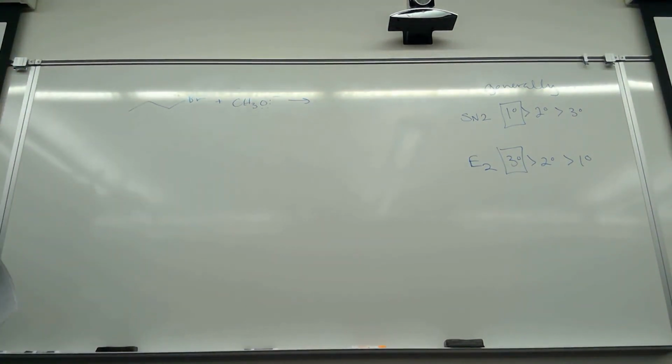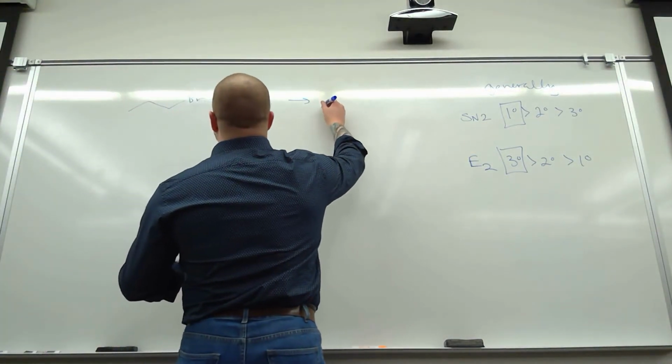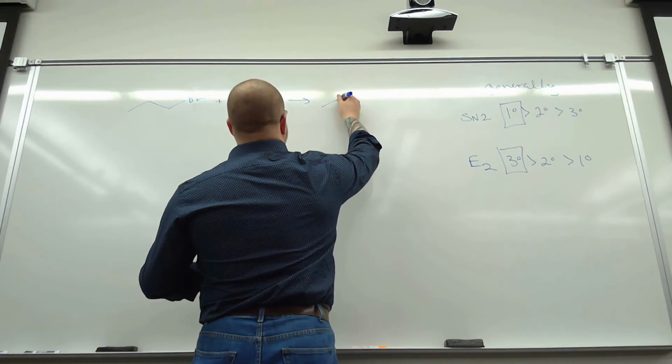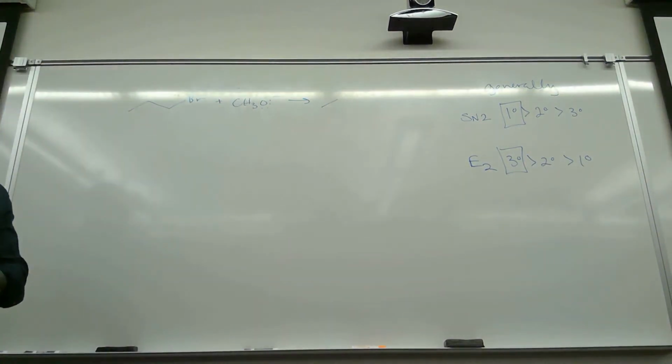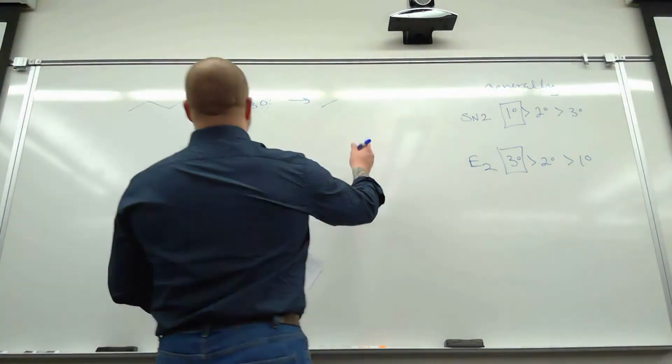What would you expect to happen here? This is a normal circumstance. SN2. Who's confident? We have some time to think about it. What do you think? SN2. So when you do this product, I want everyone to think or draw what the product would look like if this is an SN2 reaction. This is important because it gives everybody a little bit of insight into possible syntheses down the road.